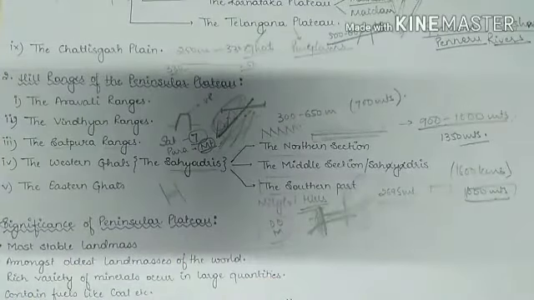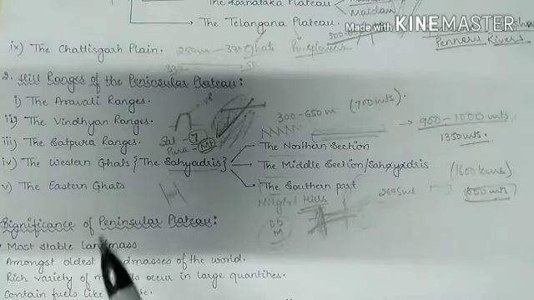Okay, now the Western Ghats, if we see, were mostly continuous, while the Eastern Ghats, on the contrary, are very discontinuous.